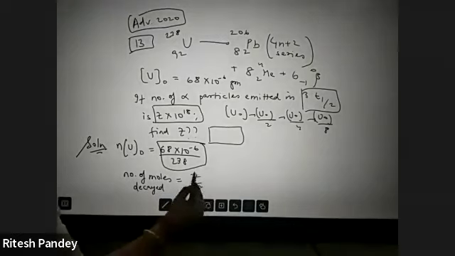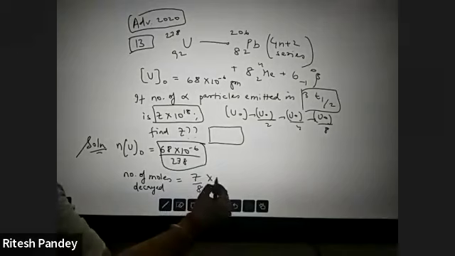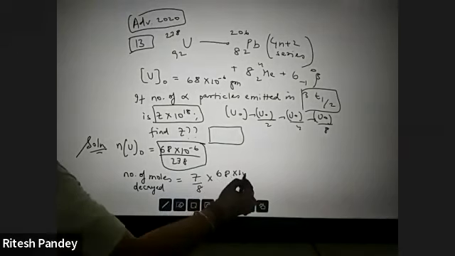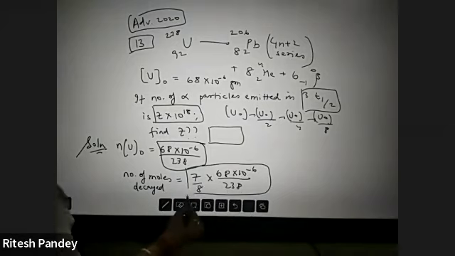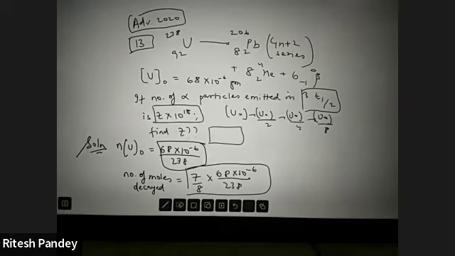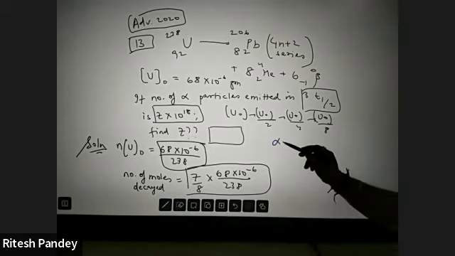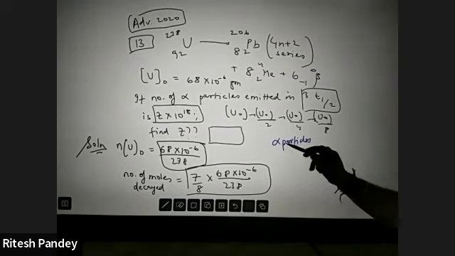Number of moles decayed is 7/8 because 1/8 is the amount left in 3 half-lives. This is the number of moles decayed. So the number of alpha particles, now I want the count.